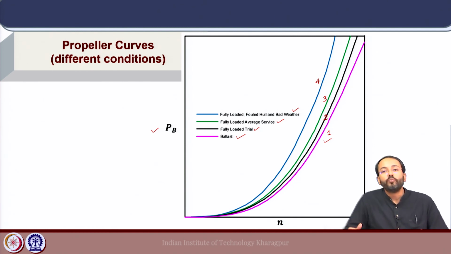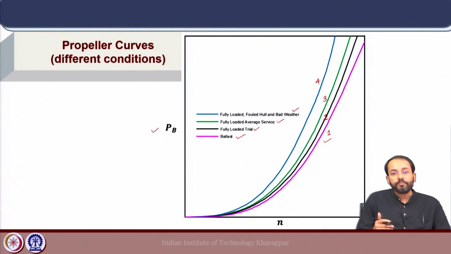This is the worst condition that is expected for a ship operation, where the ship is fully loaded, the weather is bad, the sea condition is rough and the hull is fouled. That means after years of operation, the hull has undergone fouling and the power demand will be highest as compared to the other conditions. Hence, in these 4 conditions, the propeller curves will be very much different, and the powering demand with respect to RPM is shown for all these 4 conditions.